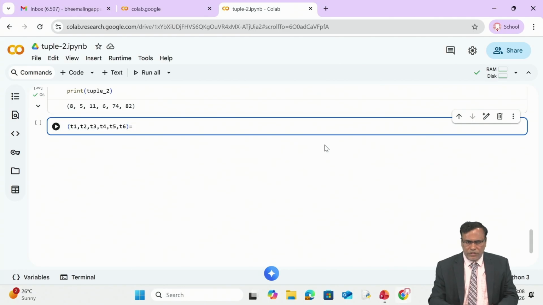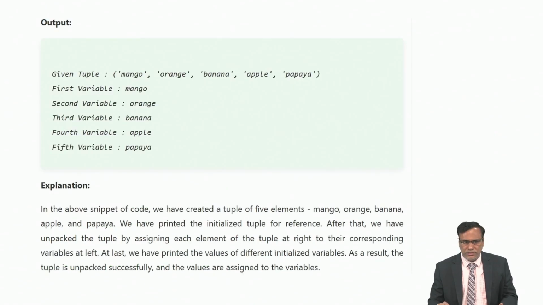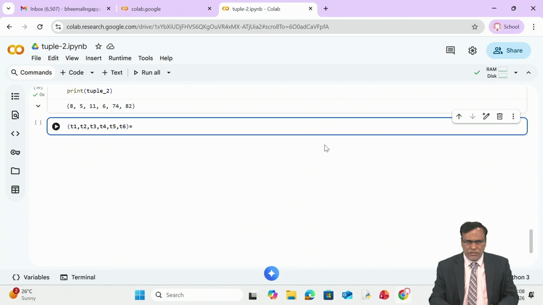So how can you assign? In the PPT we have seen, right? You just use the name of that tuple. Here the name of that tuple is tuple underscore 2.